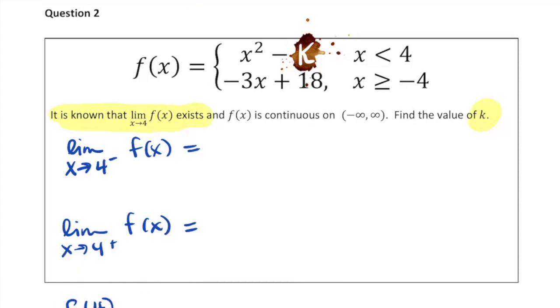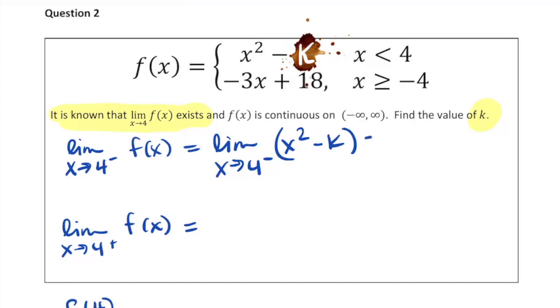Okay, so for approaching 4 from the left, we're going to use values that are below 4. So we'll be using this particular function here, which we'll rewrite as x squared minus k. And we can do direct substitution here because this is a polynomial.